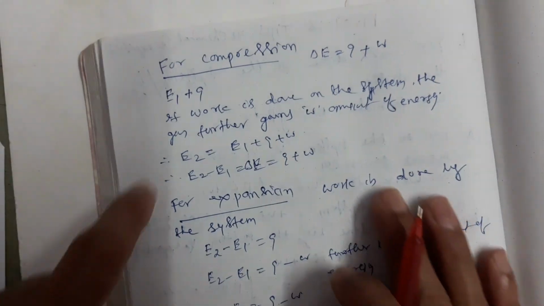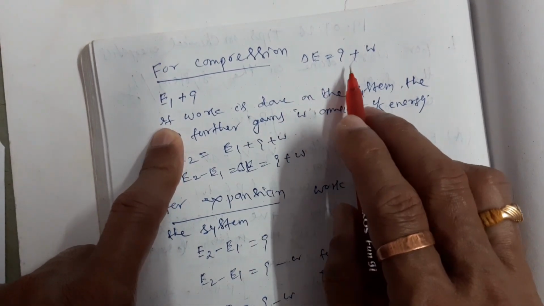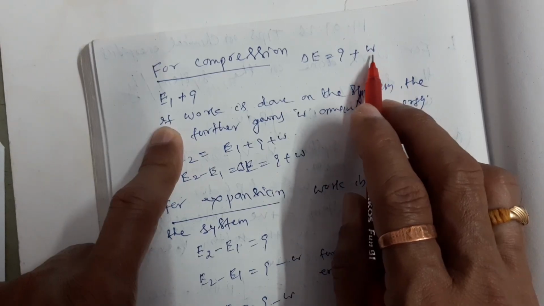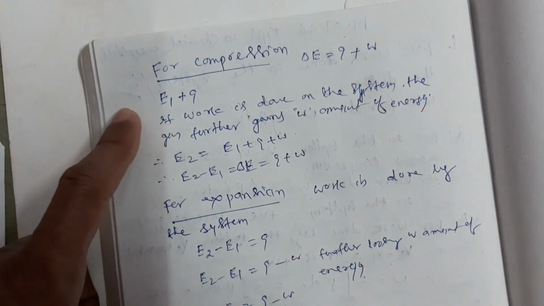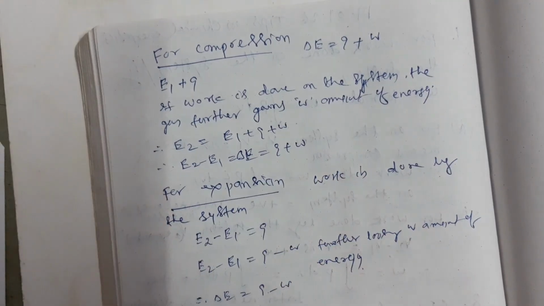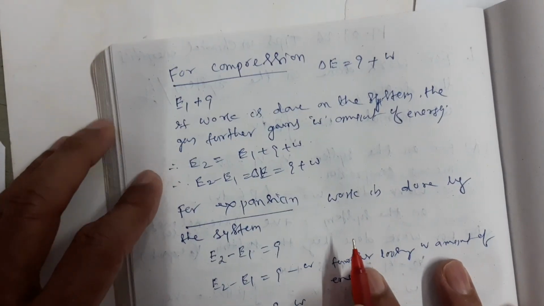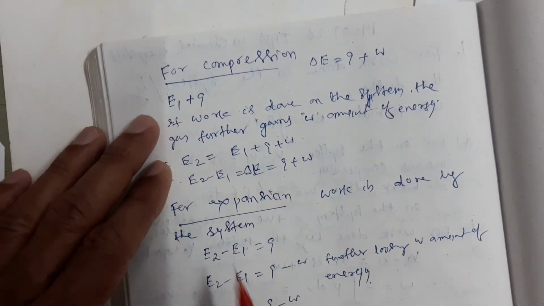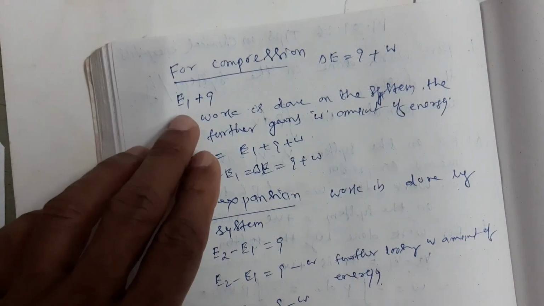For compression, delta E is equal to Q plus work done. Let the initial internal energy of the system be E1.